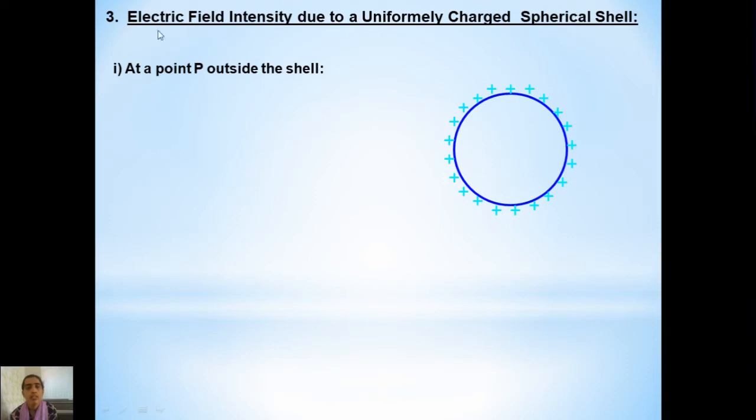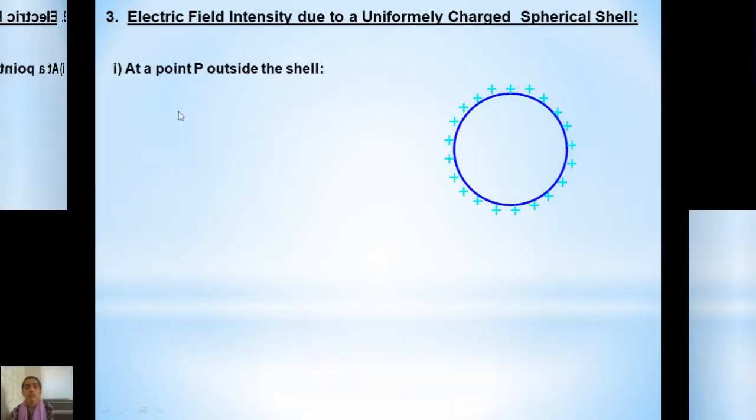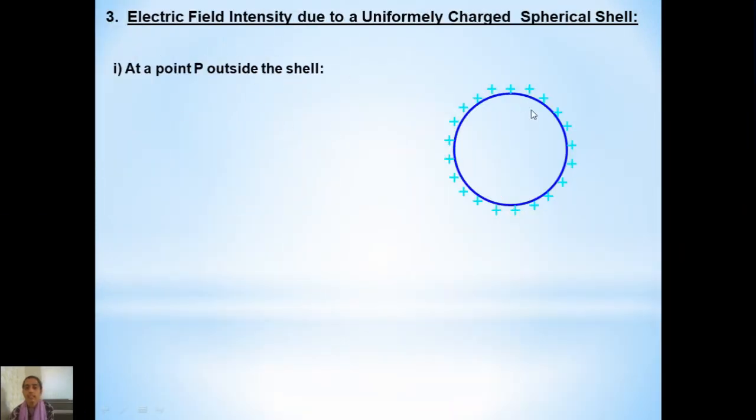So let's get started by considering a point which is just outside the shell. To calculate the electric field intensity at a point outside the shell, let us have a consideration. We are considering a uniformly charged spherical shell with center at O. We are assuming this as a hollow spherical shell of radius capital R. Kindly note down the notations I am using here, that is very important.